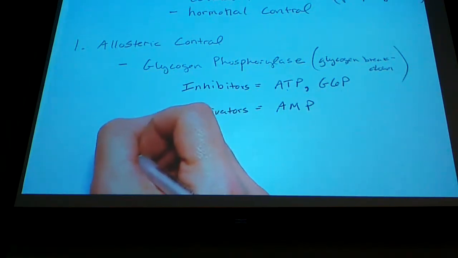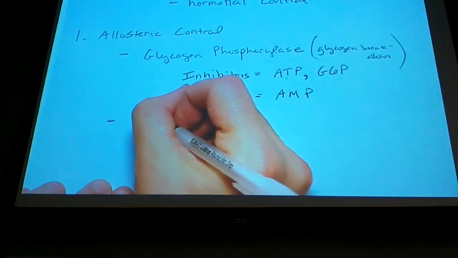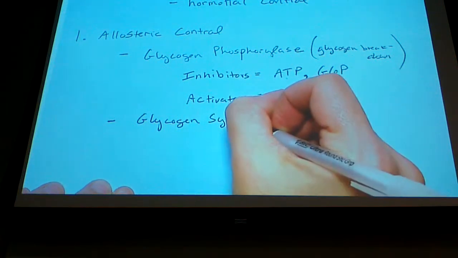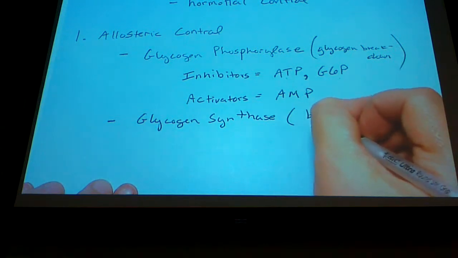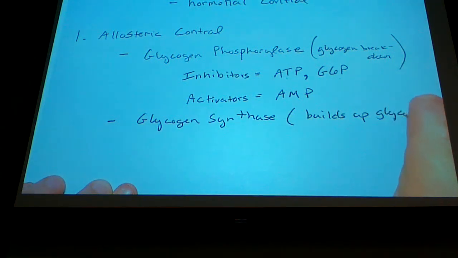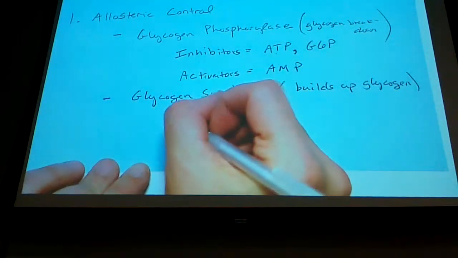Okay, so glycogen phosphorylase is under allosteric control. So is glycogen synthase, and that name is a little more obvious. This builds up glycogen, and it also has both inhibitors and activators.